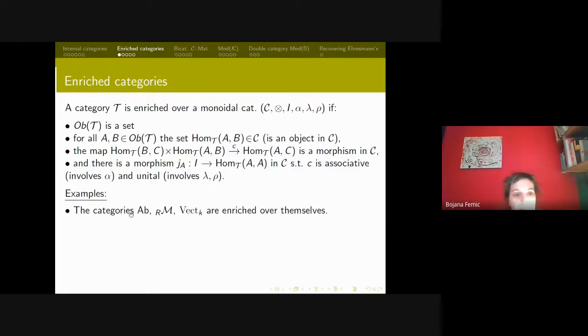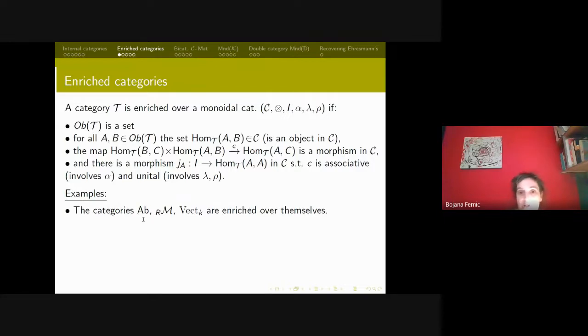Examples, the first ones that I list here are the categories of abelian groups, modules over, say, commutative rings, and the category of vector spaces. They are all enriched over themselves. Well, we already know that when we treat morphisms among groups, we want them to be group morphisms.